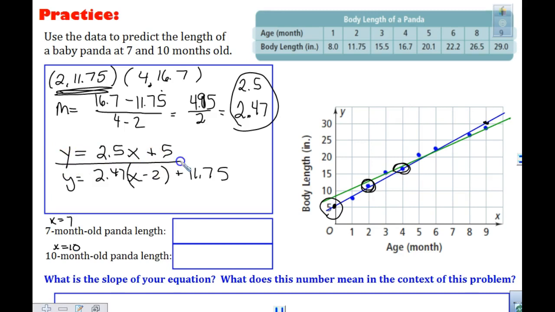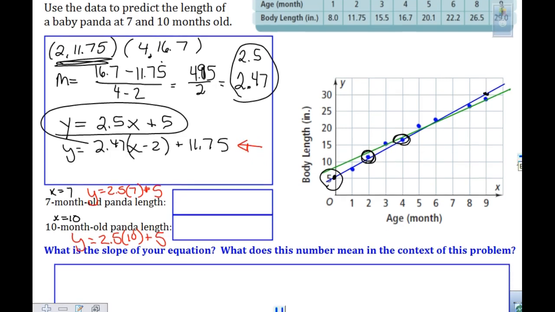If I go to this equation, because it's easier, and I plug it in, y equals 2.5 times 7 plus 5. y equals 2.5 times 10 plus 5. To me, those are easier equations to use than this one. It just depends on which answer we're looking at.